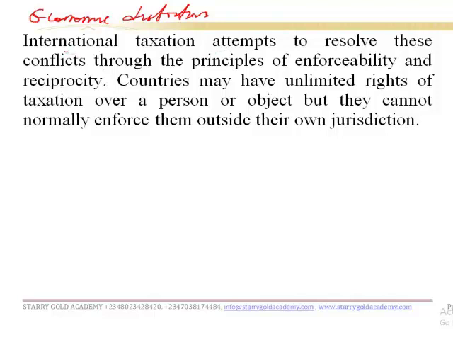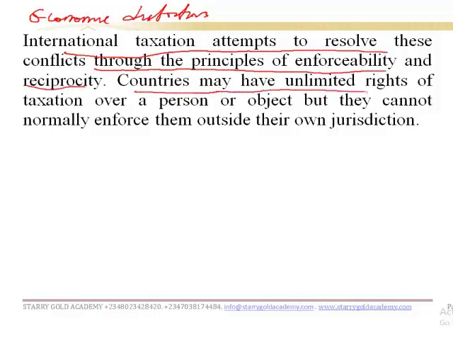Therefore, international taxation attempts to resolve these conflicts through the principles of enforceability and reciprocity. Countries may have unlimited rights of taxation over a person or object, but they cannot normally enforce them outside their own jurisdiction.